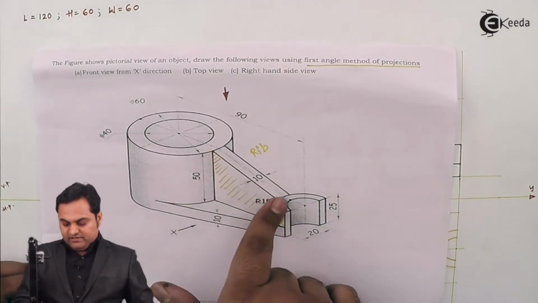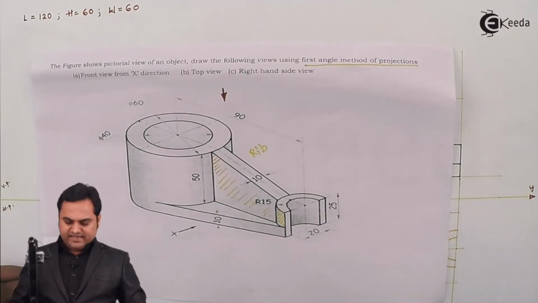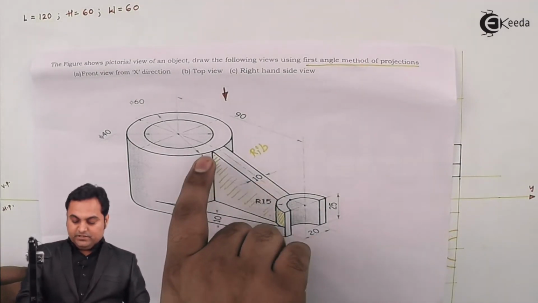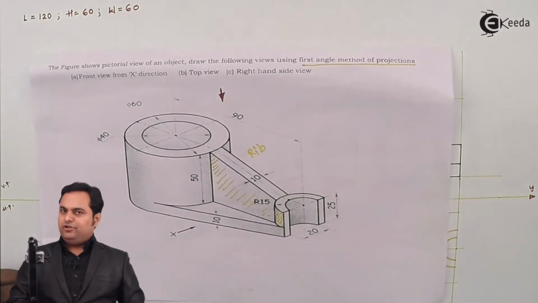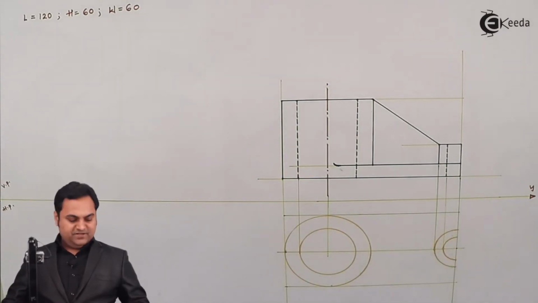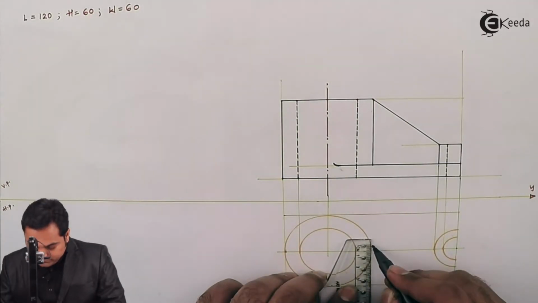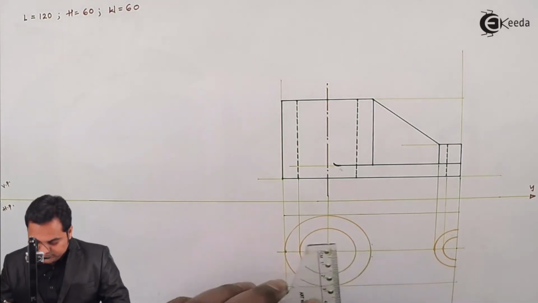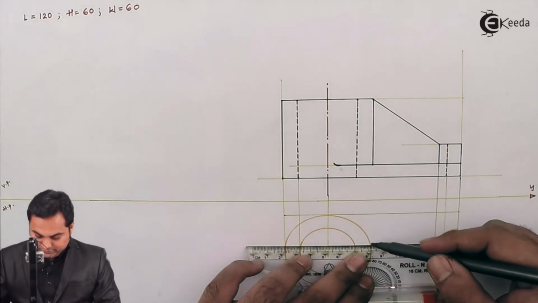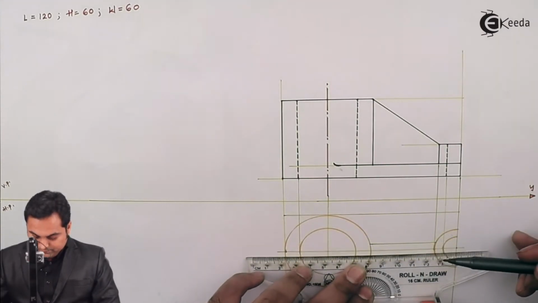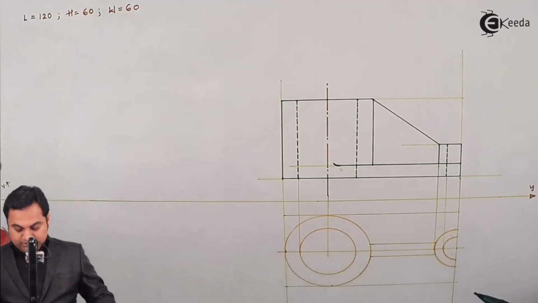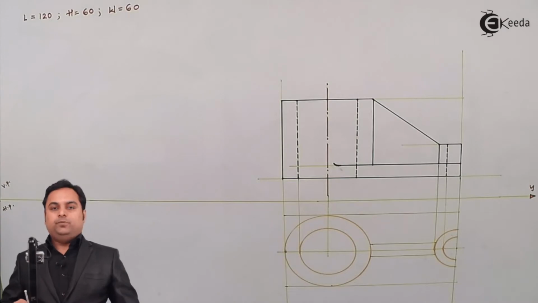Instead of being inclined, it will appear as a straight rectangle of width 10 mm, connecting the cylinder with the semicircular part. So I'll draw this rib here having 10 mm width. So measuring 5 mm on both sides from the center line, drawing a light horizontal line. So in this way the rib will be visible from the top.